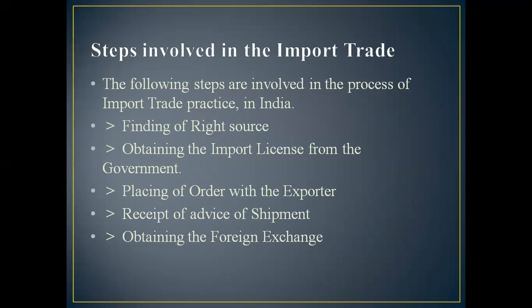Second one being obtaining the import license from the government. Then only placing of order or indent with the exporter will be initiated. Next, the receipt for the advice of the shipment of goods will be made.